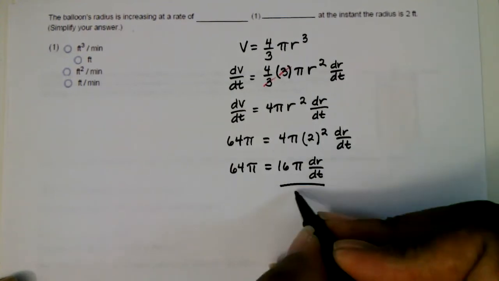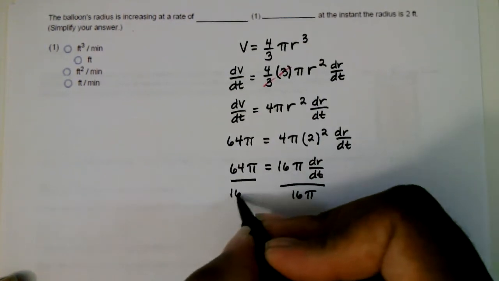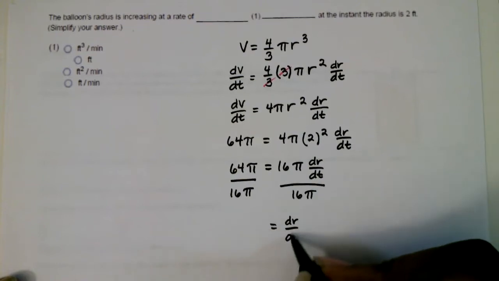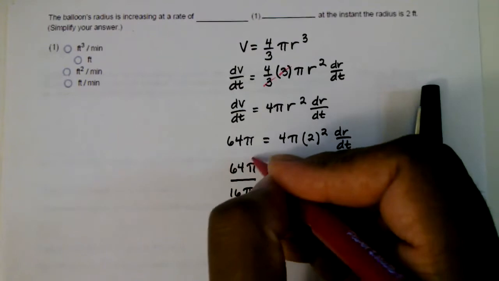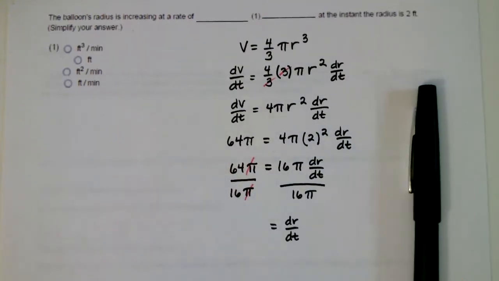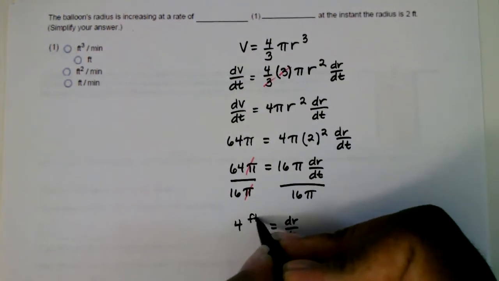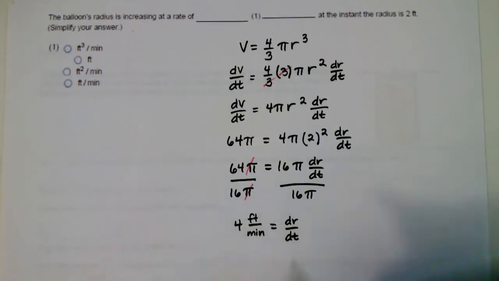And then to get dr dt by itself, I need to divide both sides by 16 pi. So I'll have dr dt on this side. On the left side, the pi's divide out. 64 divided by 16 will give me 4. So this will be 4, and this will be in feet per minute as the final answer.